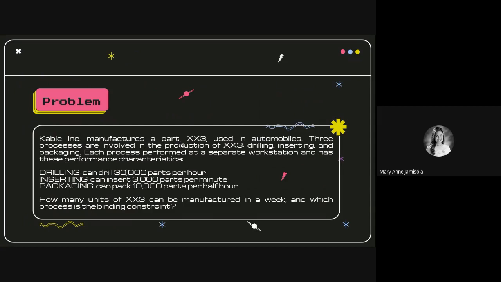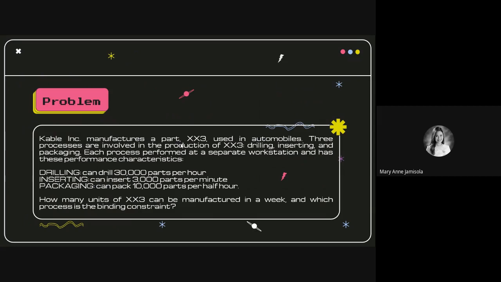So you notice here that for drilling, inserting, and packaging, the number of outputs are expressed in different periods. For drilling, that is per hour. For inserting, take note, that's 3,000 parts per 5 minutes. Sorry for the lacking info here.